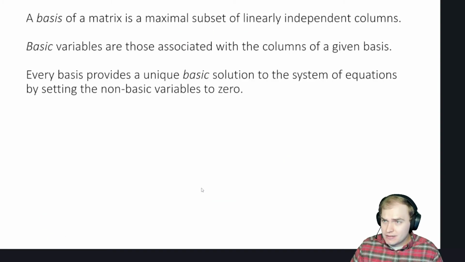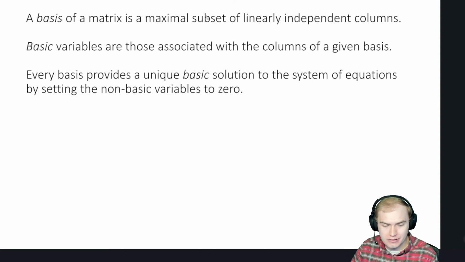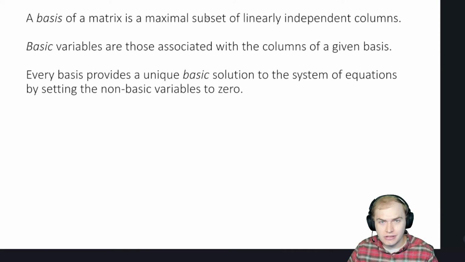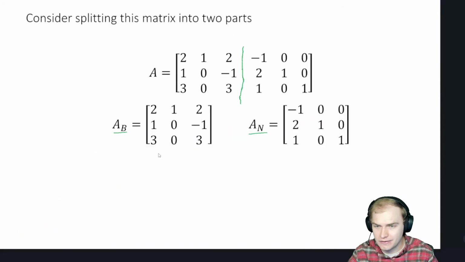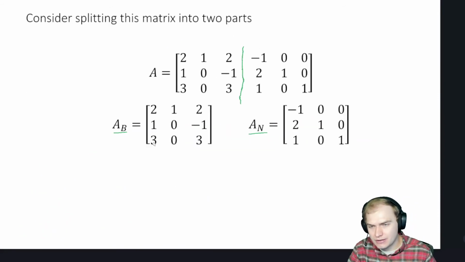So the basis, or a basis of a matrix, is a maximal subset of linearly independent columns of that matrix. So if we come back to this page, we remember that these columns are linearly independent of each other.